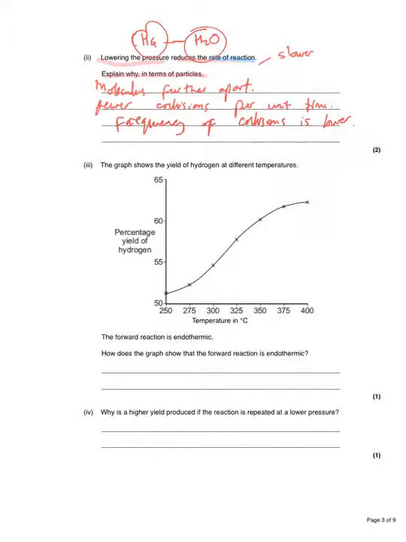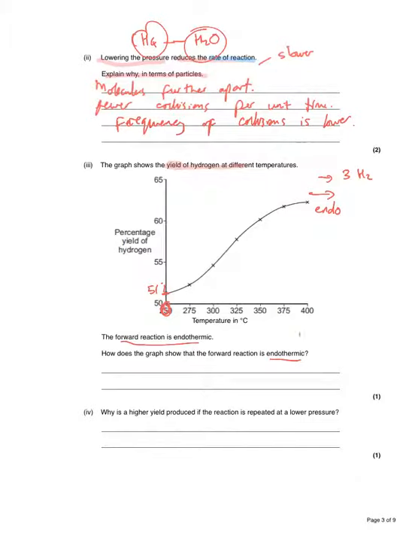Next, the graph shows the yield of hydrogen at different temperatures. So hydrogen is one of the products, okay? Now the forward reaction is endothermic, forming hydrogen. How does the graph show that the forward reaction is endothermic? Well, at 250 degrees, the yield's about 51%, okay?